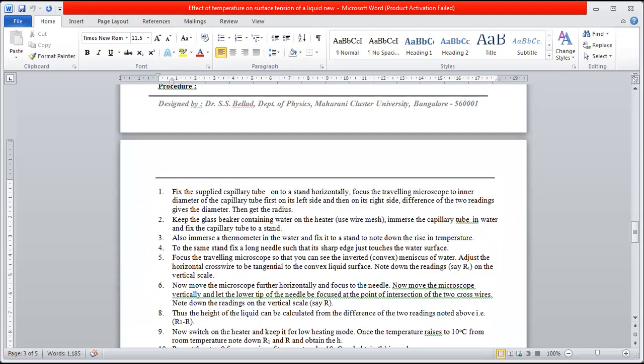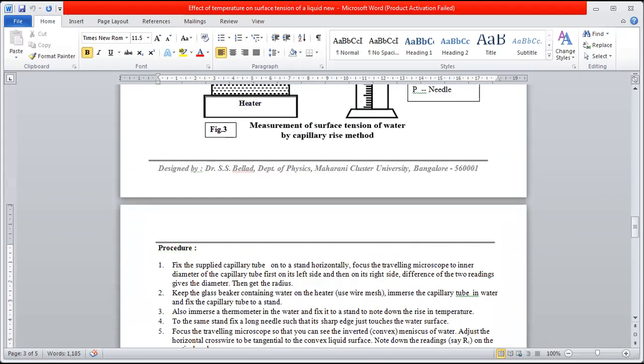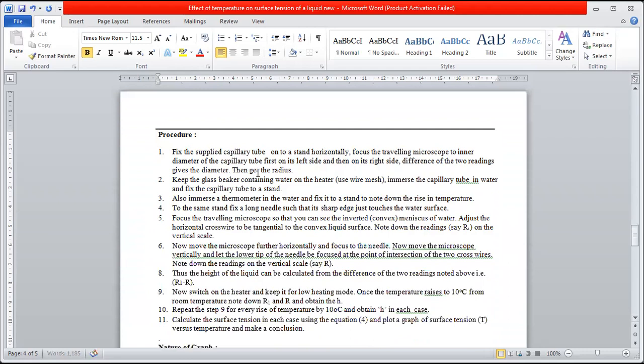So what are the procedures here? What you have to do first: fix the supplied capillary tube on a stand horizontally.